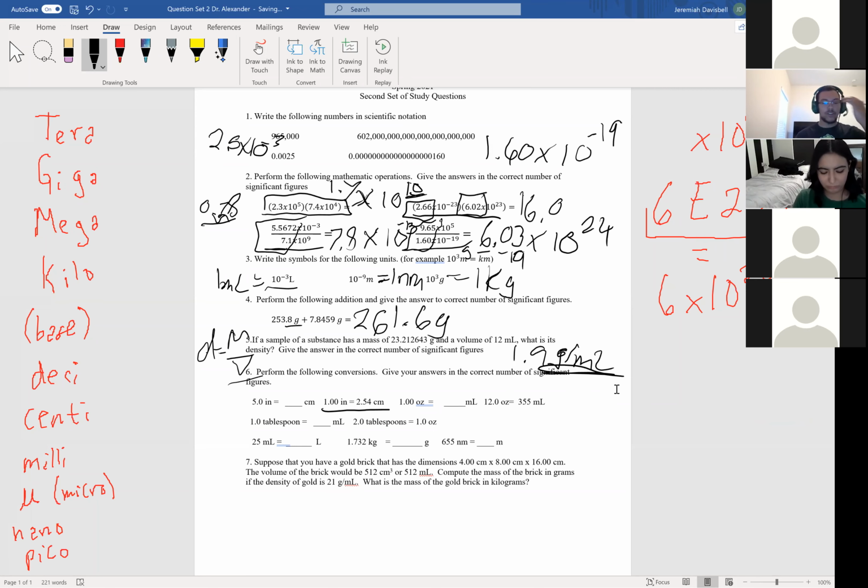All right. So how are we going to figure out how many centimeters we have then? Multiply 5 by 2.54. So multiplying 5 by 2.54, what will that give us? 12.5.